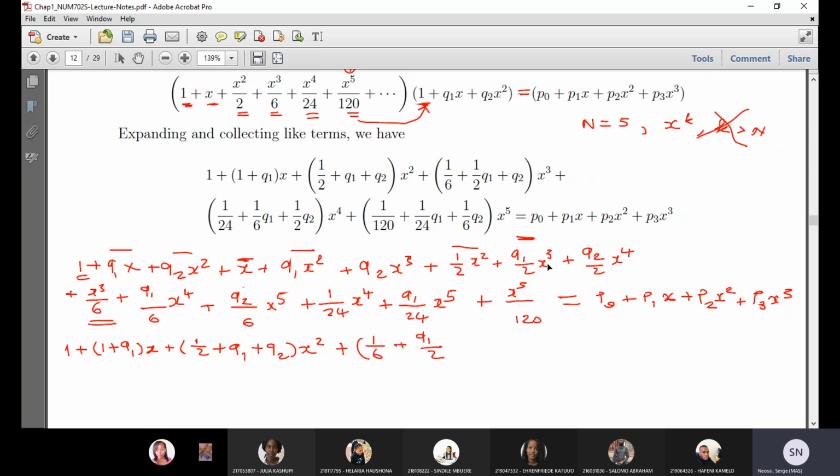So q1 by 2 is this one. In x cubed, another one is this one, q2. And that's all, x cubed.